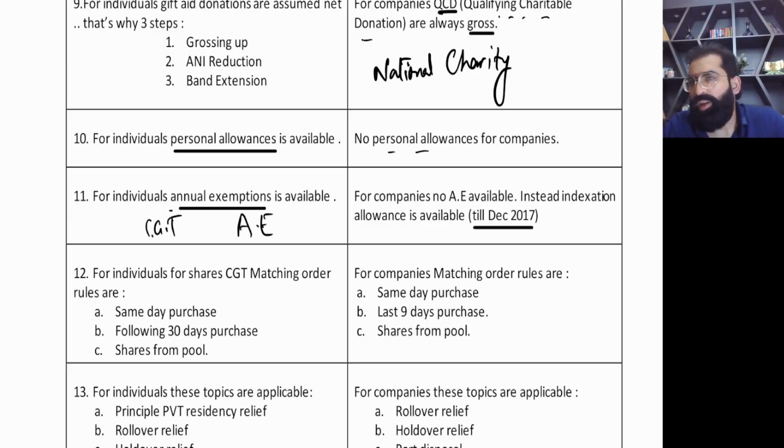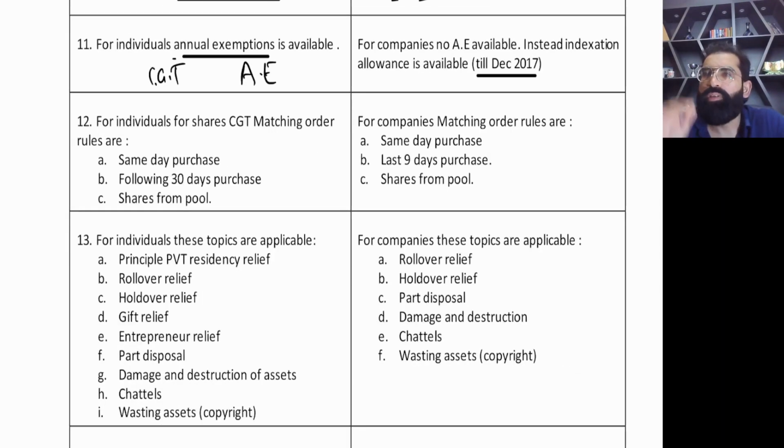Okay. Next, for individuals. If you are an individual and you are selling shares, in order to calculate the gain on those shares, you need to match the cost. And for cost you need to always follow the matching order rules.